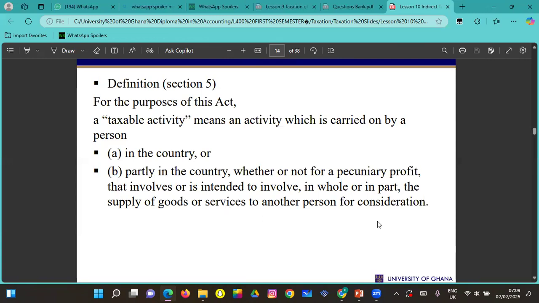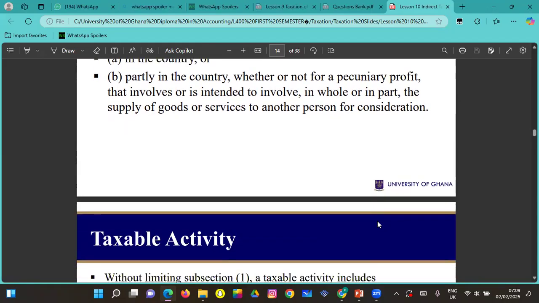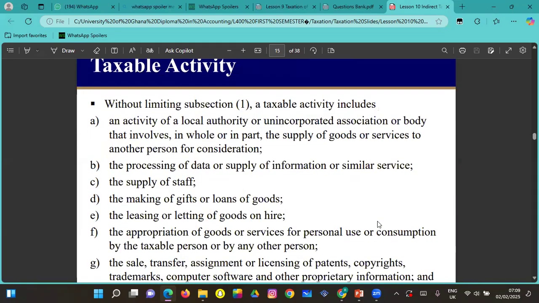So whether you are in the country or partly in the country, where you intend to supply goods or services to another person for consideration, that activity is a taxable activity.